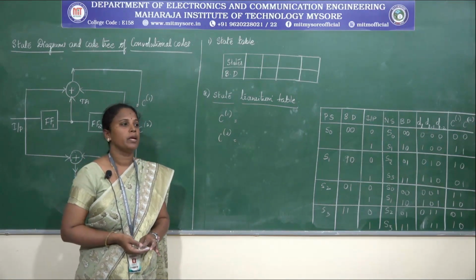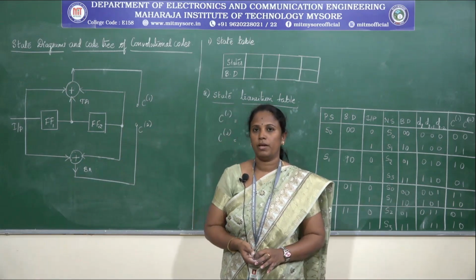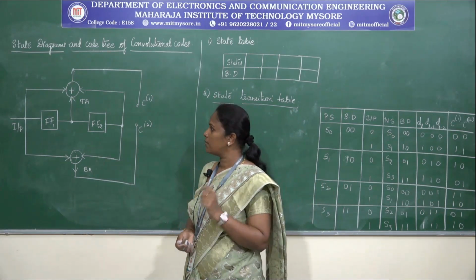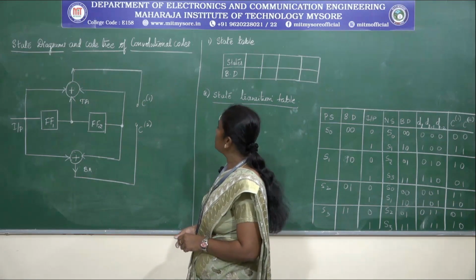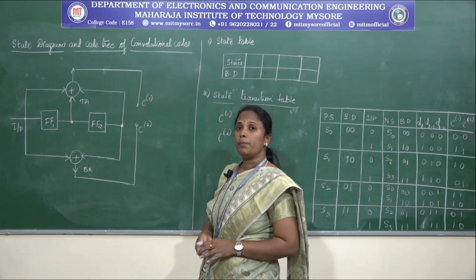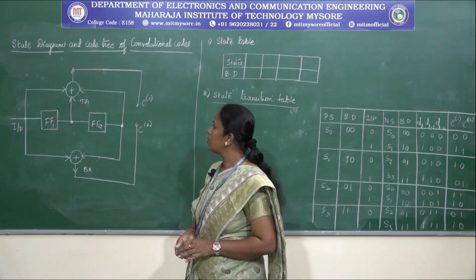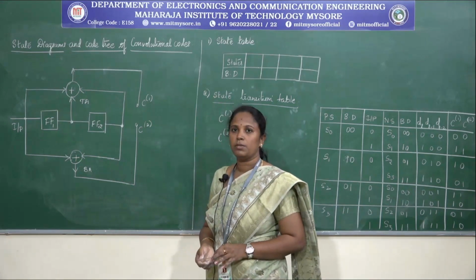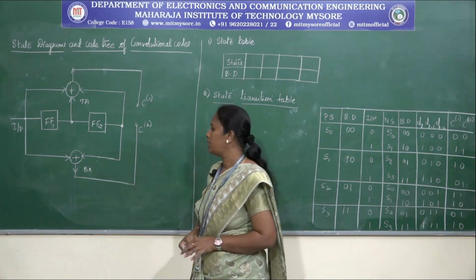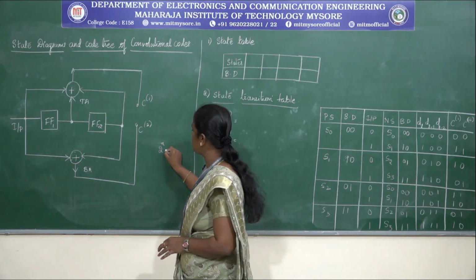a state table. The state table is going to tell you how many states we have with respect to that particular state diagram. Now, looking at the block diagram that they have given, depending upon the number of flip-flops, we are going to represent these states. That means if we have n flip-flops, it will be 2 to the power of n states.